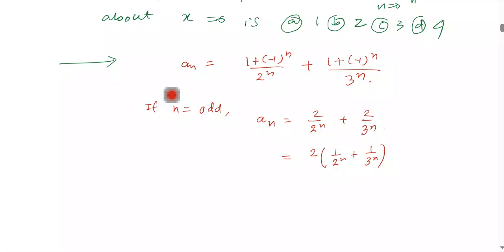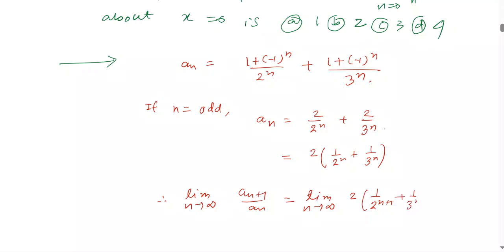Now the problem is limit n tends to infinity of an plus 1 by an, that is, limit n tends to infinity of 2 into 1 by 2 power n plus 1 plus 1 by 3 power n plus 1 by 2 into 1 by 2 power n plus 1 by 3 power n.